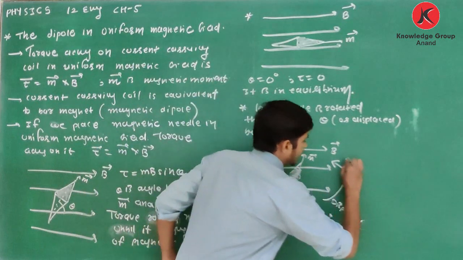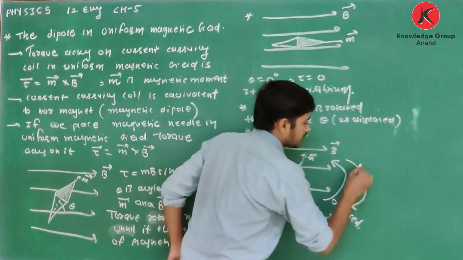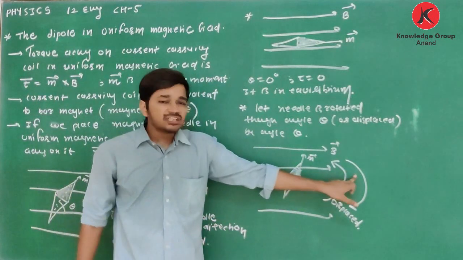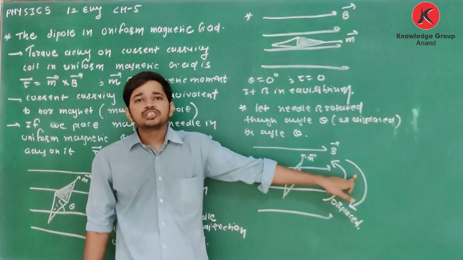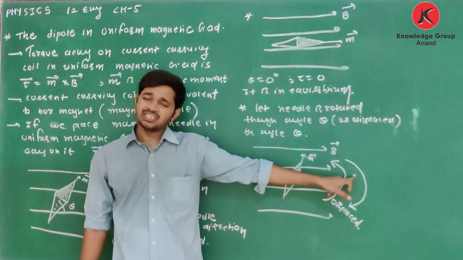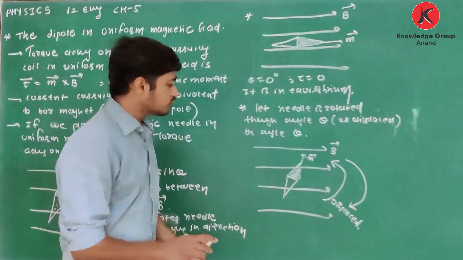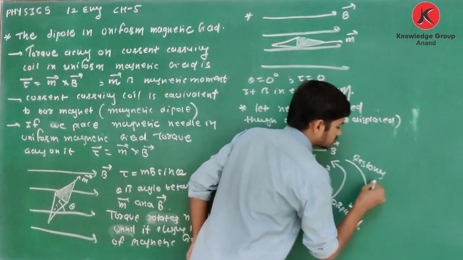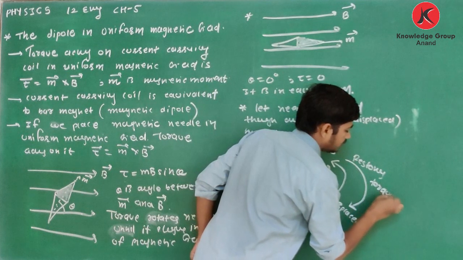Means this torque is acting in this direction, and due to this torque the needle will try to regain its original position. So this torque is called the restoring torque.